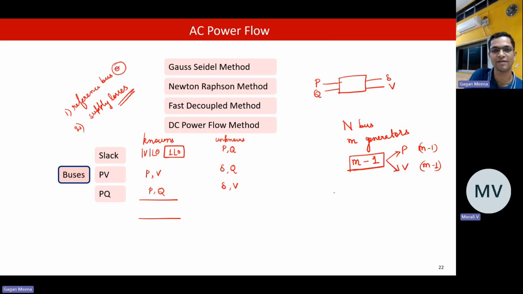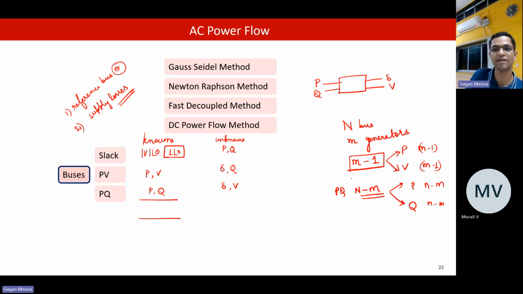The remaining PQ buses are N minus M. Here the knowns are P and Q. Voltage magnitude and load angle have to be calculated.